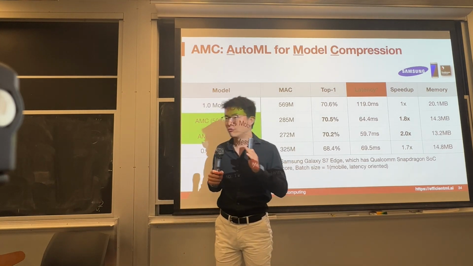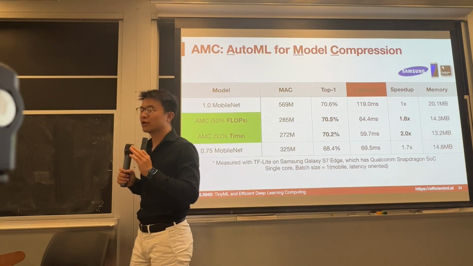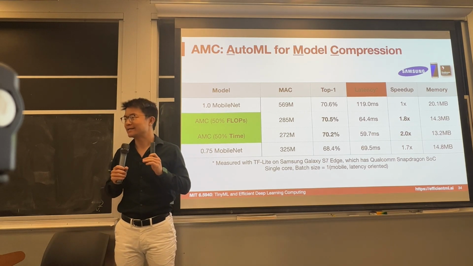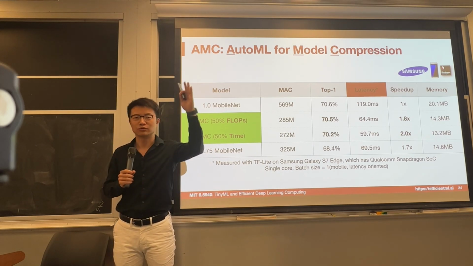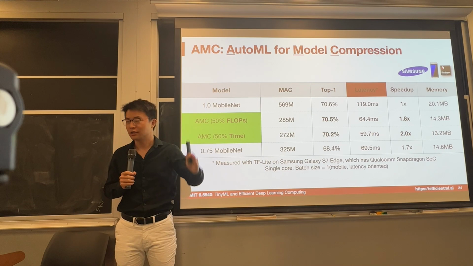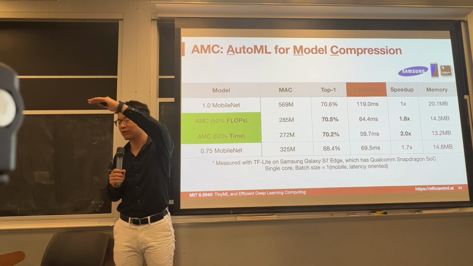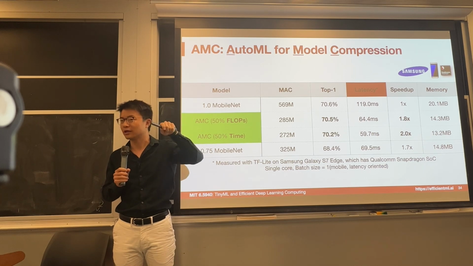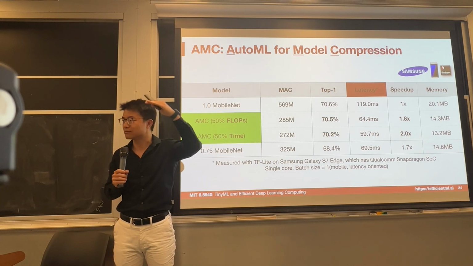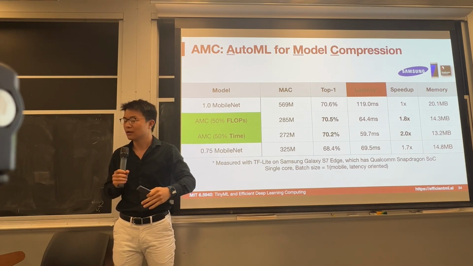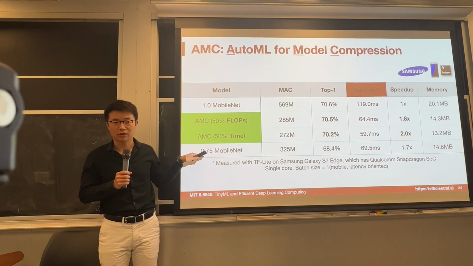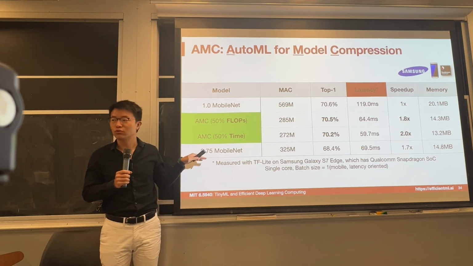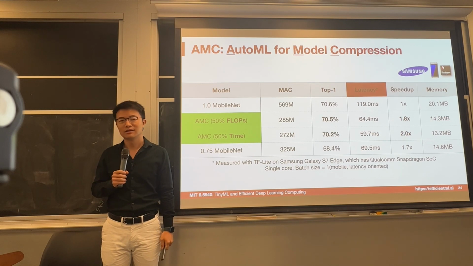Remember, the flops calculation of a convolution layer has 6 terms. Okay? Resolution, the height of the picture, the width of the picture, the size of the convolution kernel, like 3x3, times the input channel times the output channel. Okay? So both the input channel and the output channel is only 3/4 of its original size.